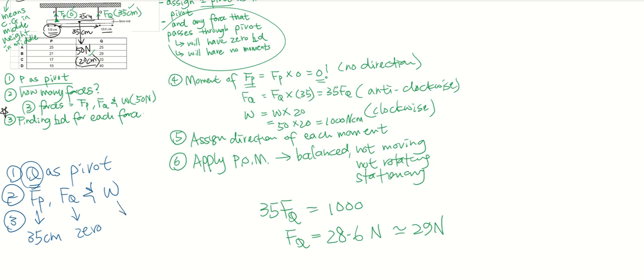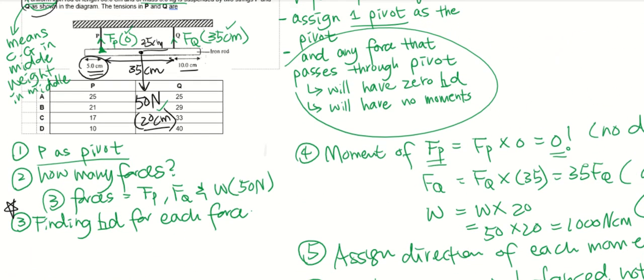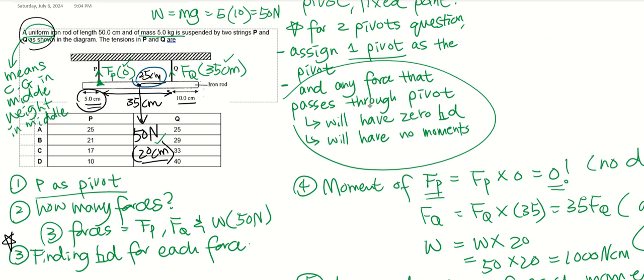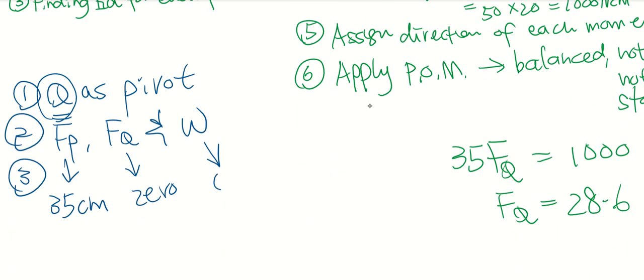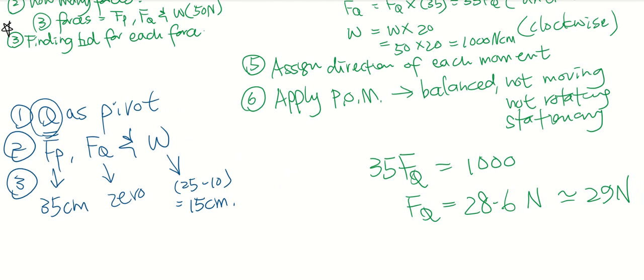And for W, there's a slight change because if you take note of here, it's 25 cm. And I have 10 cm protruding here, so my perpendicular distance for W will be 25 minus 10 equals 15 cm. Okay, so this is bearing in mind having Q as the pivot.